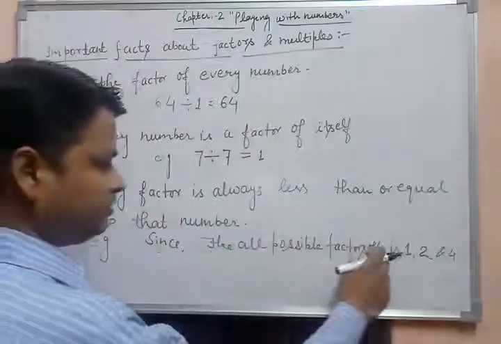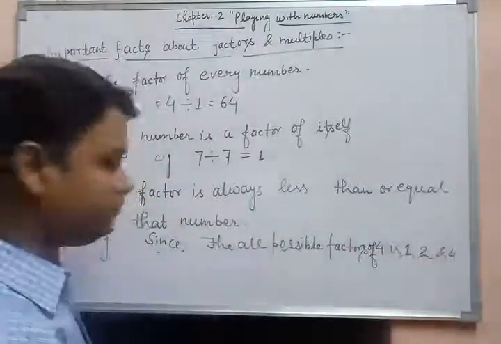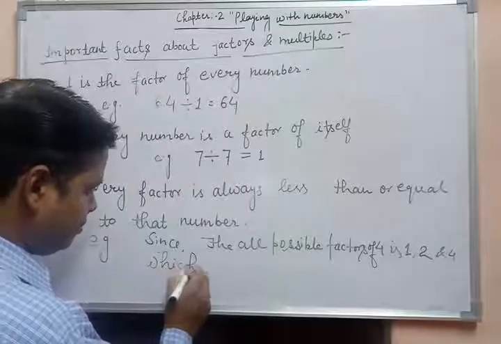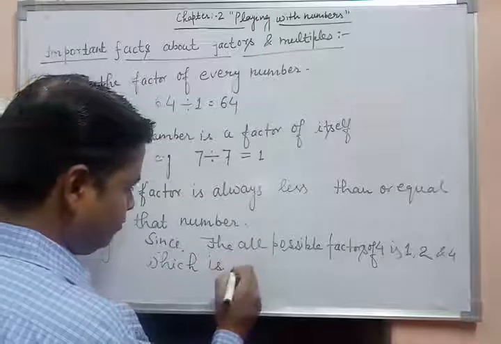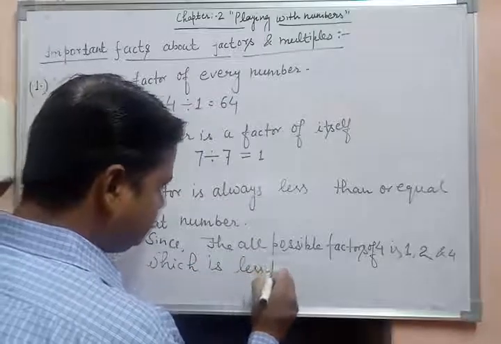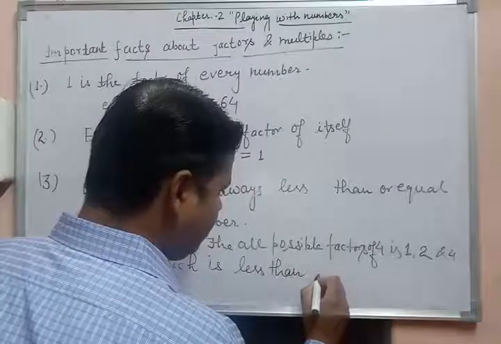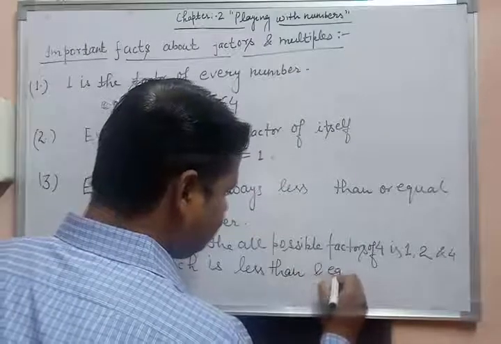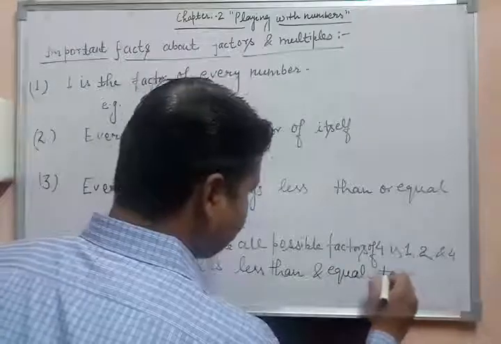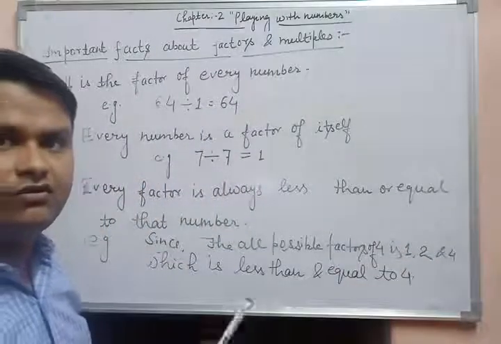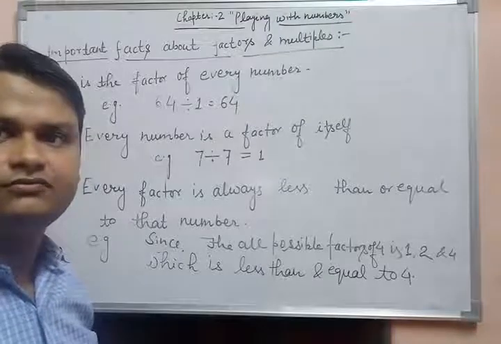All the possible factors of 4 are 1, 2 and 4, which are less than and equal to 4. Pause the video to note it down in your copy or take a screenshot.